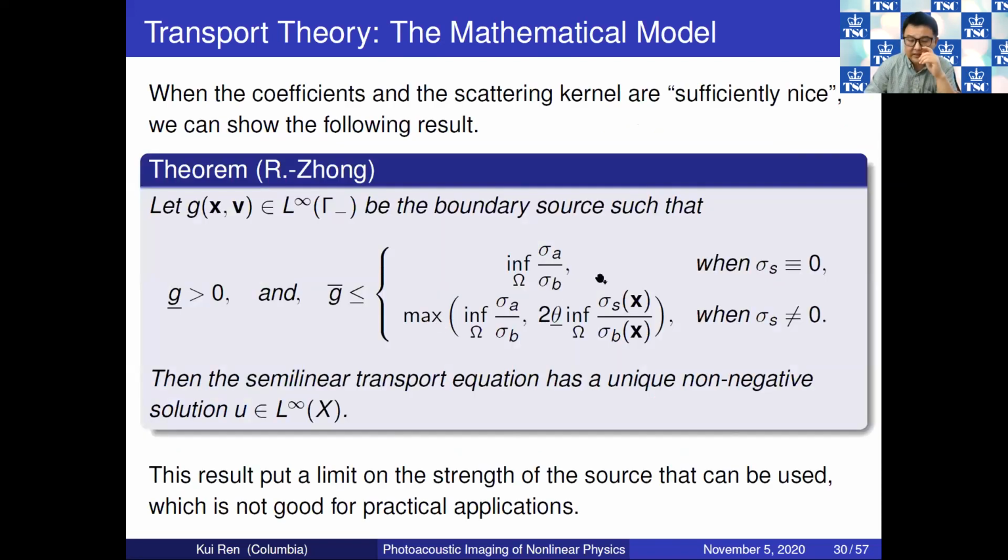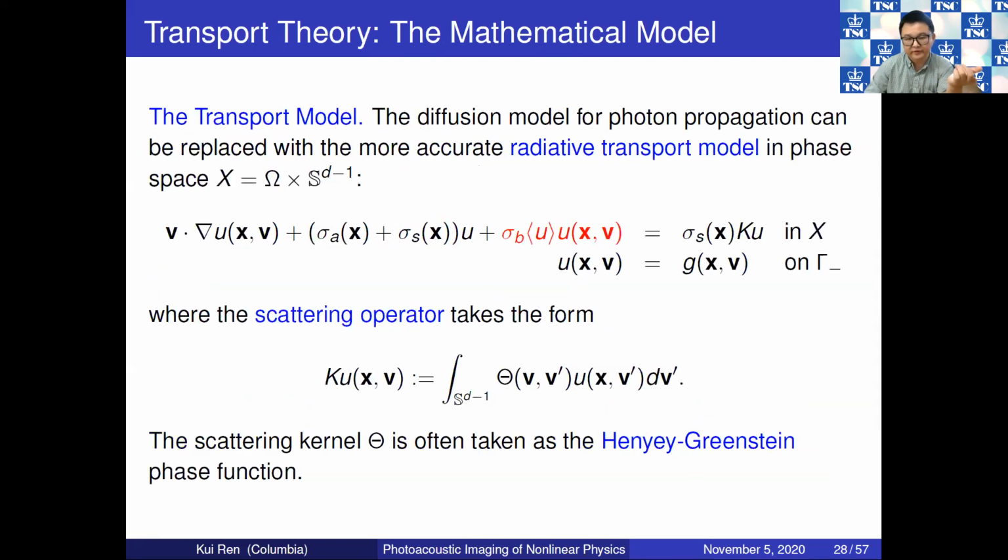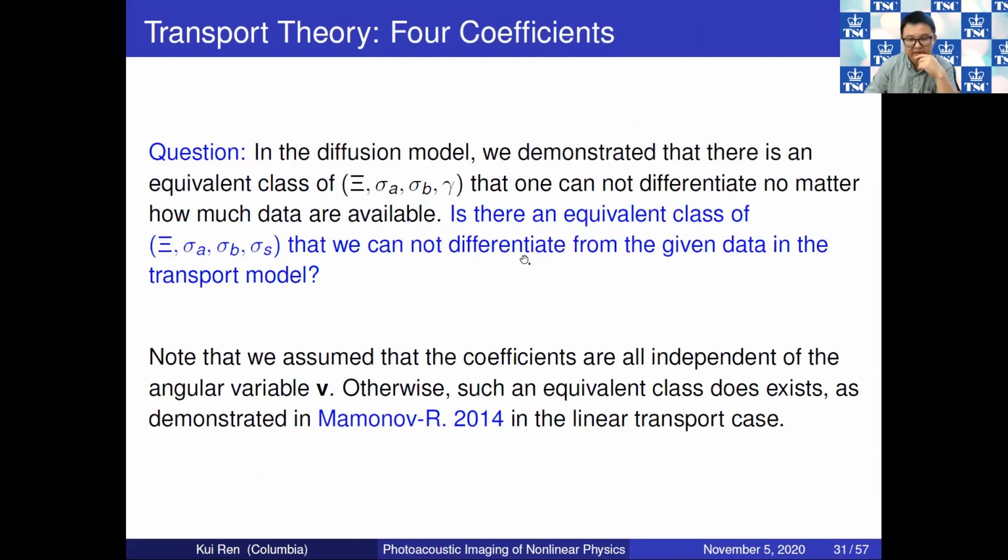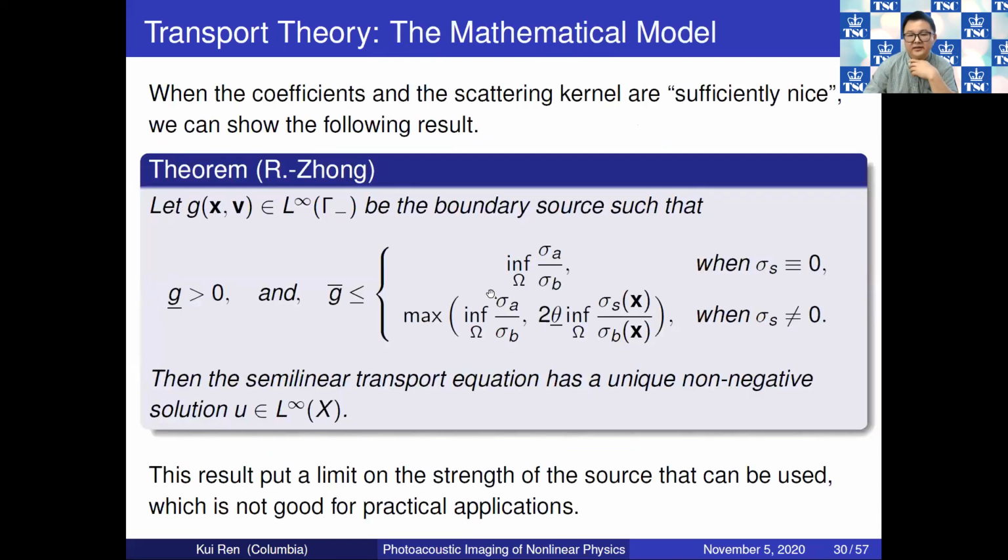Okay, the first thing that we see is actually we don't have, again, a well-posedness theory for the model to begin with. So we had recently a result where we say that if the boundary data is small enough, there's a precise characterization of how small it needs to be, but this might not be the optimal one.